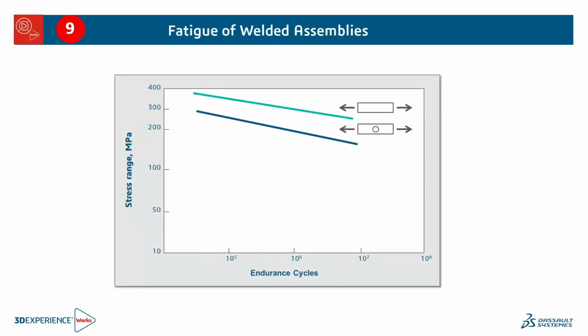So the last bit I want to talk about is welded fatigue. For fatigue, as we can see, having a stress concentration will tend to drop the life that you get. When you have a welded structure, it is great for joining things together. It is horrible for fatigue.